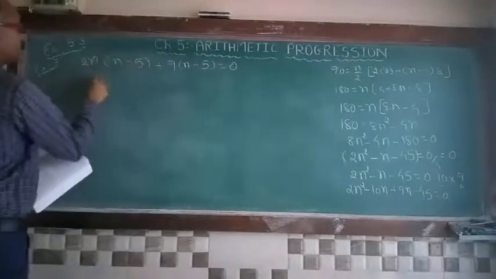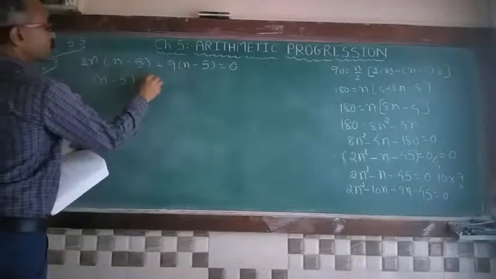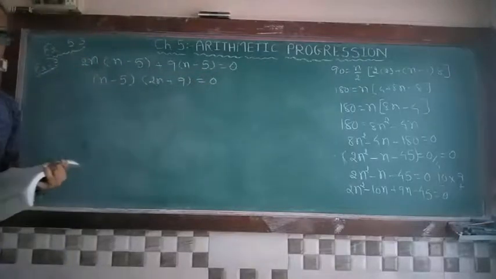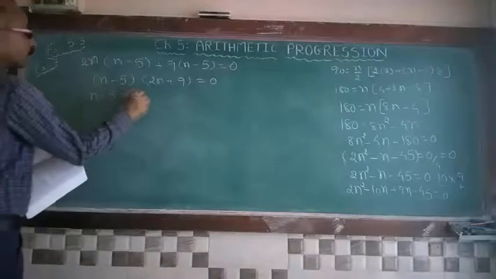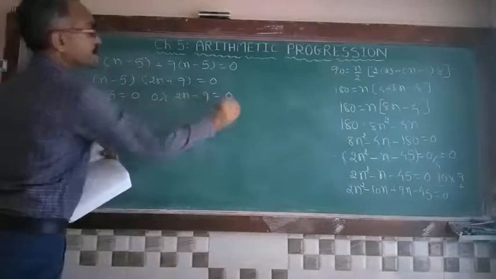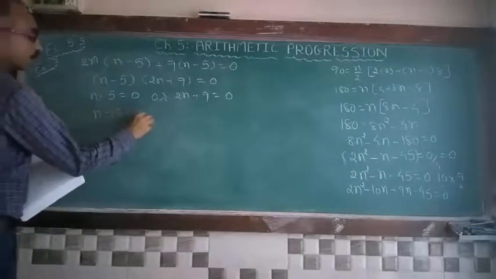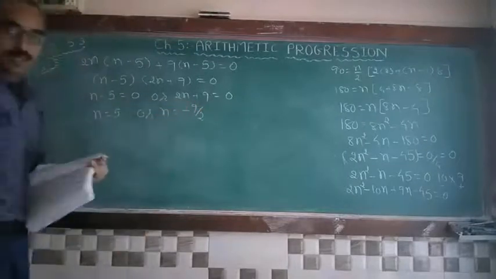So n minus 5 into 2n plus 9 is equal to 0. That means n minus 5 is equal to 0 or 2n plus 9 is equal to 0. That means n is equal to 5 or n is equal to minus 9 upon 2.